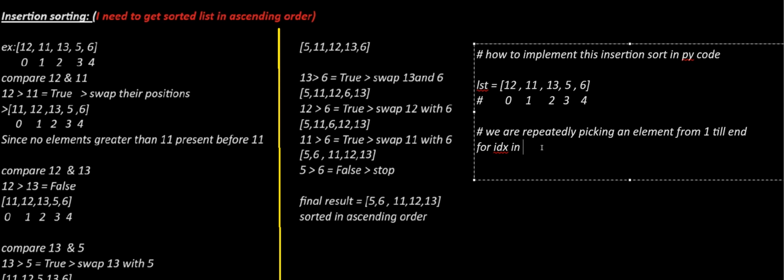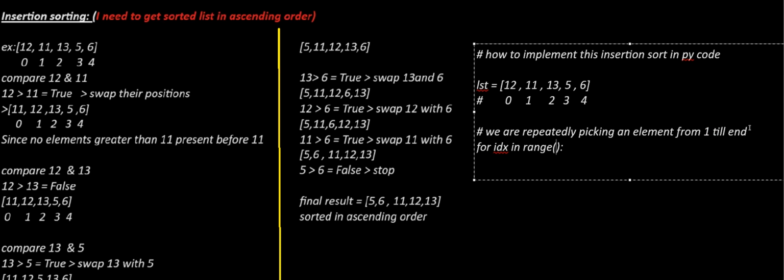in range of, from what range do I need to start? I need to start from 1, and I need to end till end. What is the end? End is nothing but the length of my list.